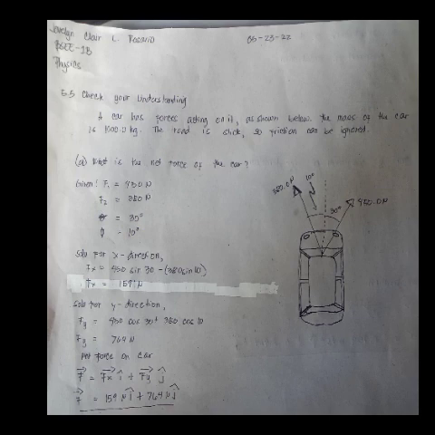Fy equals 764 N. Net force on the car is F equals Fx i plus Fy j, so F equals 159 N i plus 764 N j.